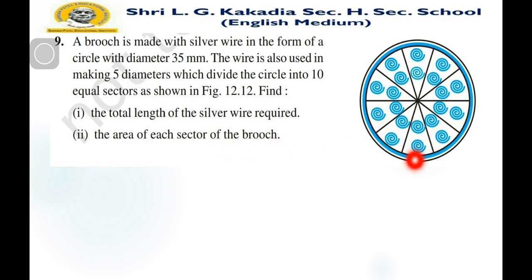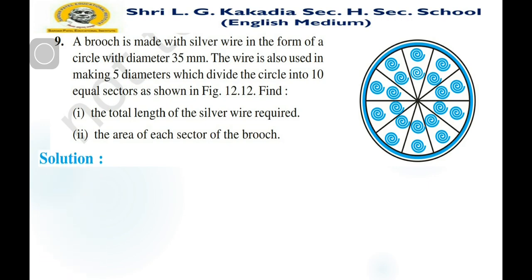There are 10 sectors. How can we find the angle of each sector? We know that the total angle is 360 degrees. So we divide 360 by 10, then the angle of each sector will be 36 degrees. Using all these things, we can answer these two questions.